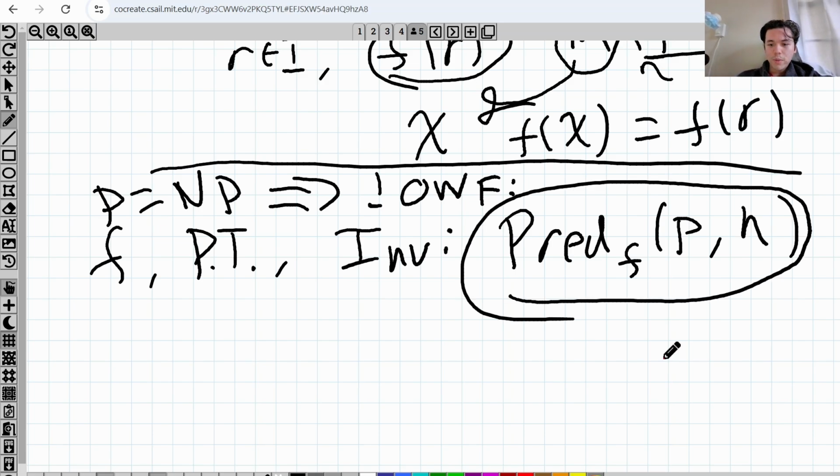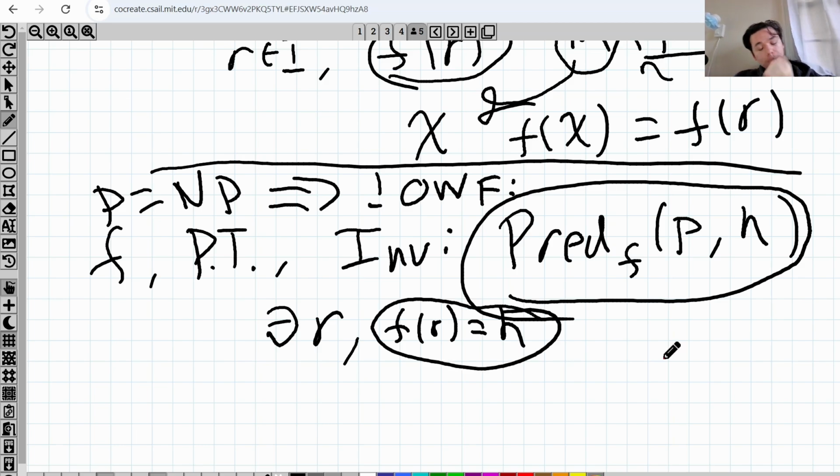And this problem says, is there some input r with predicate p, so like let's say this is the first 10 bits of r, such that f(r) equals h.